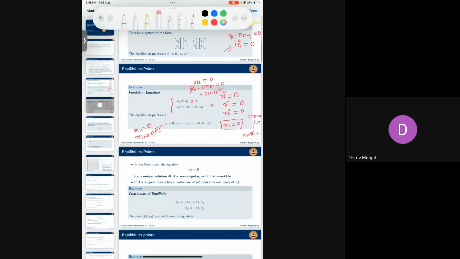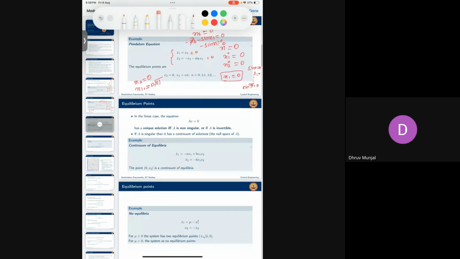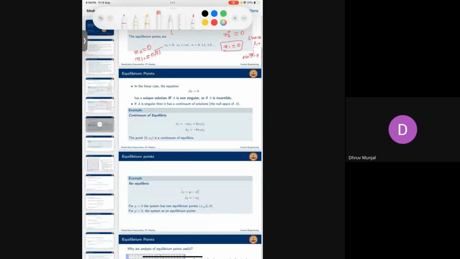Right. Now, with this equilibrium point, what can I do? There are some other equations, unique solutions. So you can determine whether this A is non-singular or singular. If A is non-singular, then A is invertible. You will have a unique solution, like only one point you will get. Or continuum of equilibrium means A is singular.